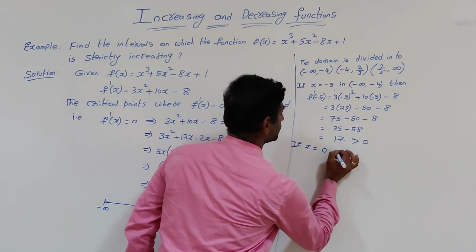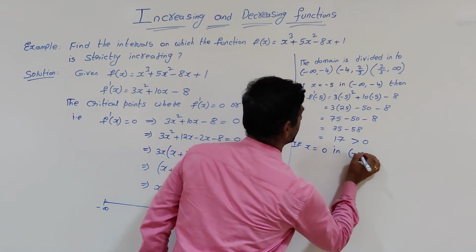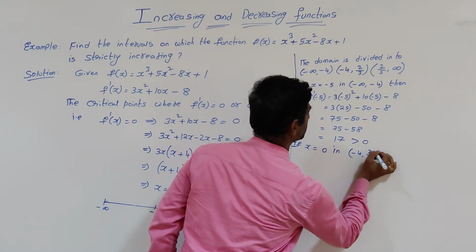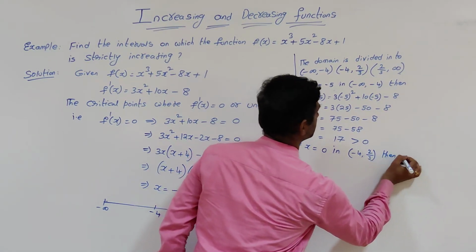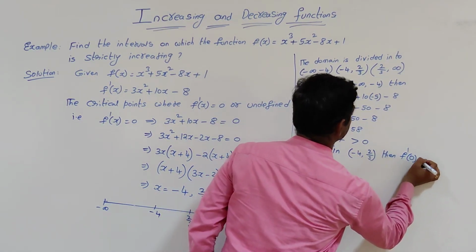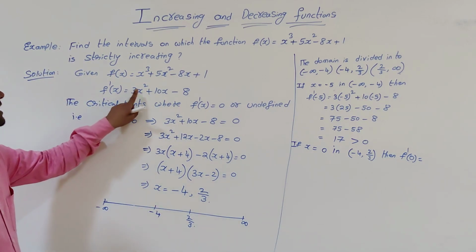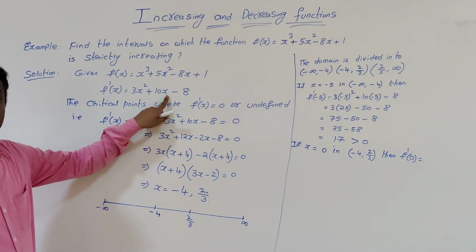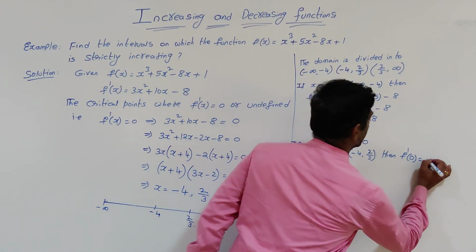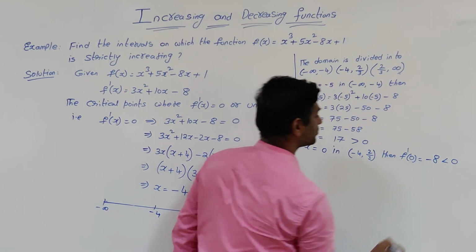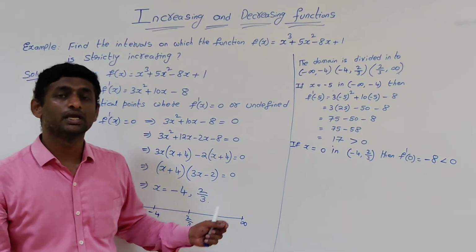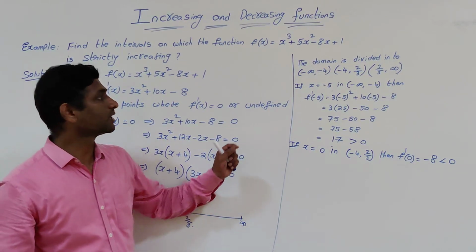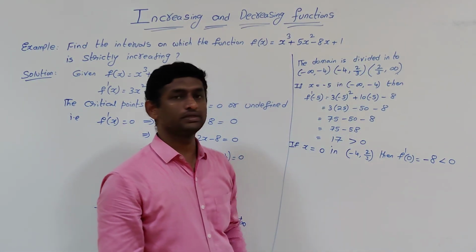If x is equal to 0 in minus 4 comma 2 by 3, then f dash of 0 is 3 into 0 square plus 10 into 0 minus 8, so we get minus 8, which is less than 0. Means we can conclude it is decreasing in minus 4 to 2 by 3.